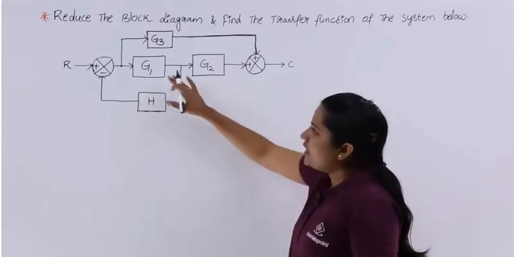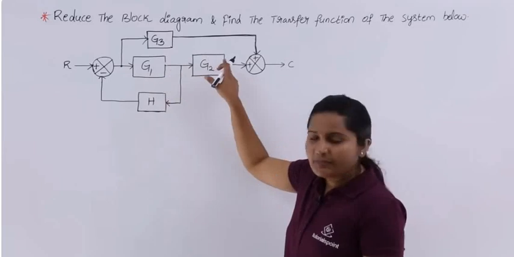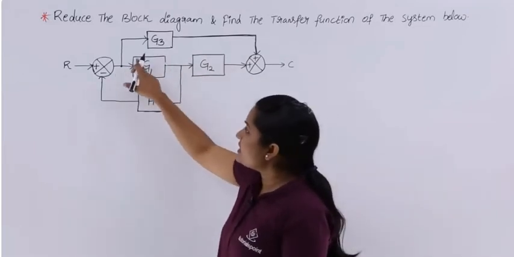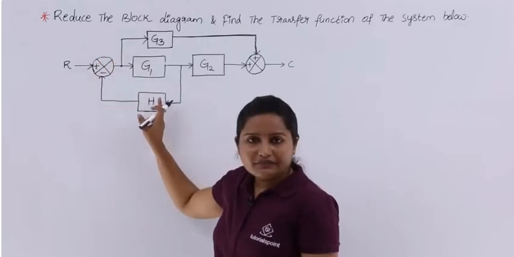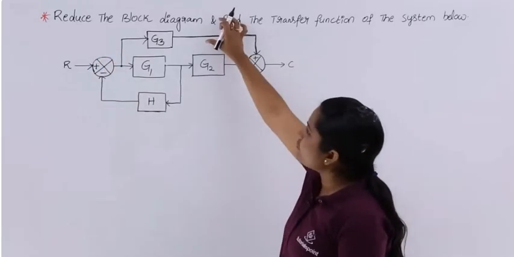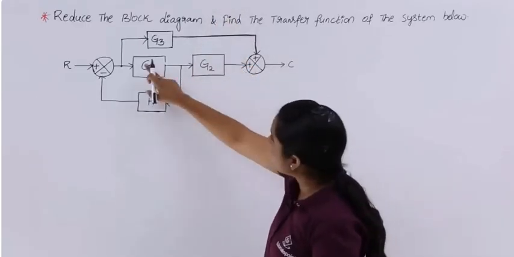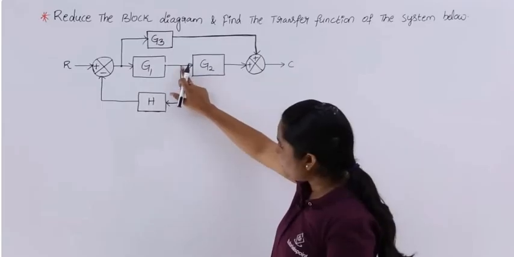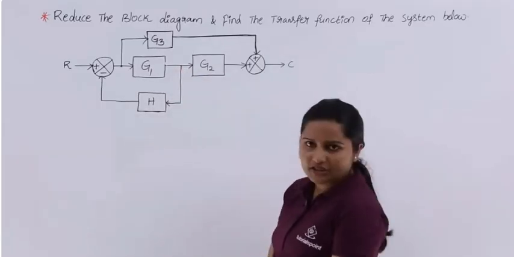For example, if you want to reduce the series path, this series element is in feedback with this feedback loop, so we can't. If you want to reduce this parallel element, if this feedback is not there, then definitely you can write G1 plus G2 plus G3.